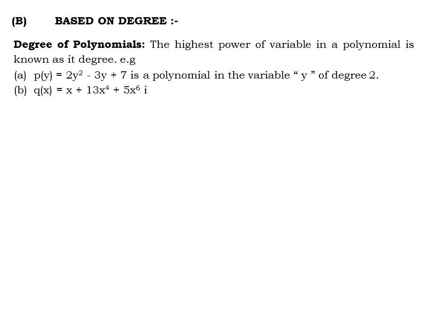Second, x plus 13x to the power 4 plus 5x raised to 6 is a polynomial in variable x and the highest power is 6. So the degree of this polynomial is 6.